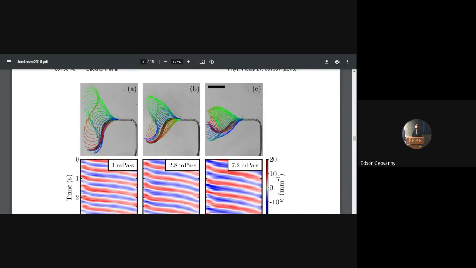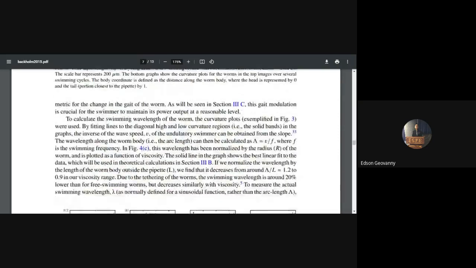The swimming curve is illustrated as a function of time, and the coordinate defines the position of each segment of the worm, and the frequency of swimming decreases slightly with the viscosity, that is, a greater time space between lines on the same curve.